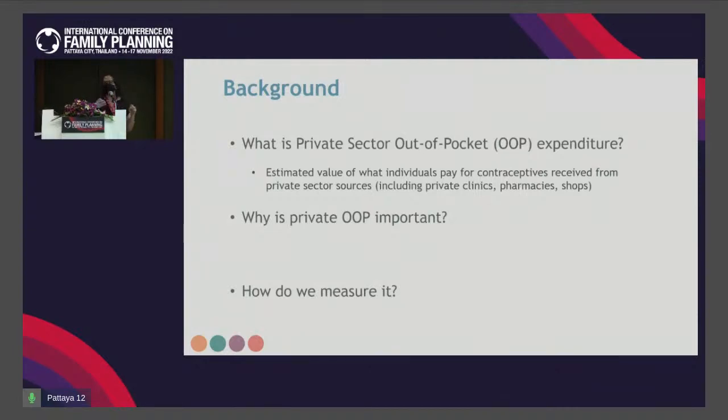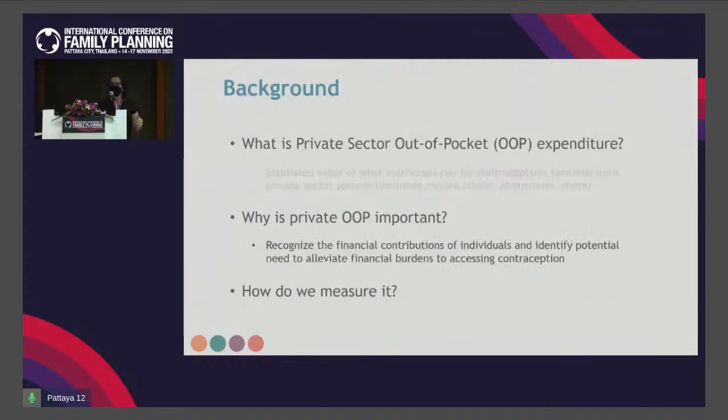And we've had lots of discussions about if and how we would be able to value that public sector expenditure piece, and I think it's something interesting to look at, but we are not yet there in being able to capture that well. So second, why do we care about out-of-pocket expenditures? I'd say first is recognizing the contribution that it's making. Until we quantify something, it's hard to give it visibility.